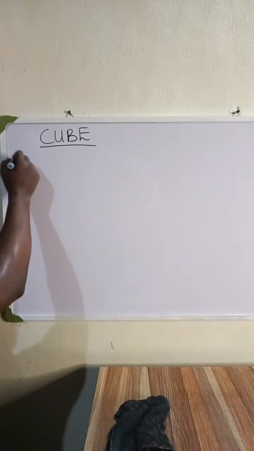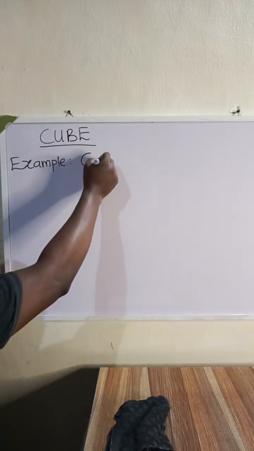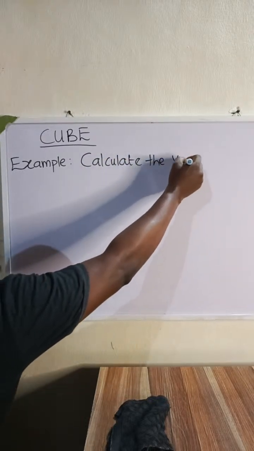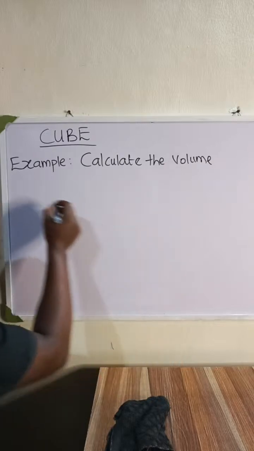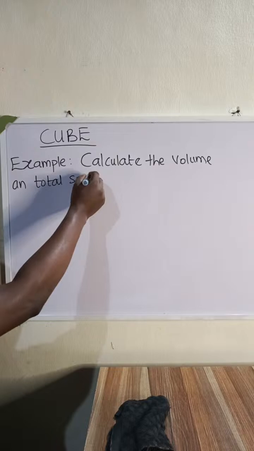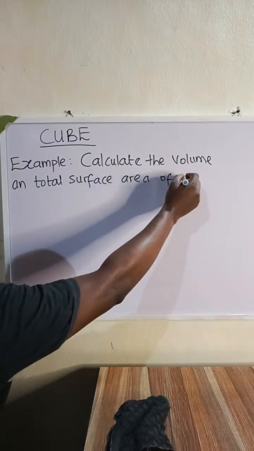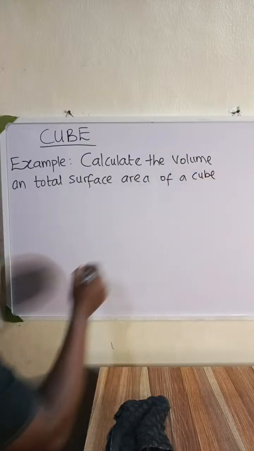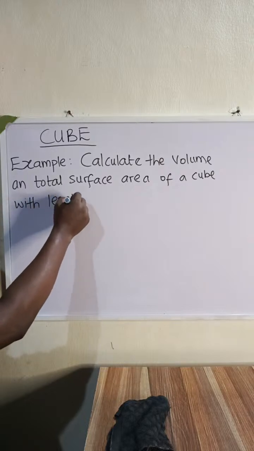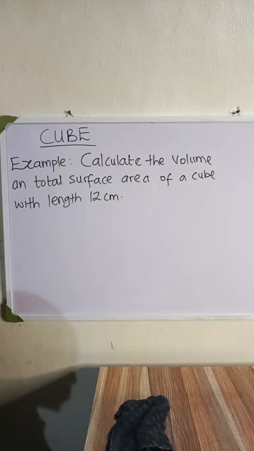Example. Calculate the volume and total surface area of a cube with length 12 centimeters.